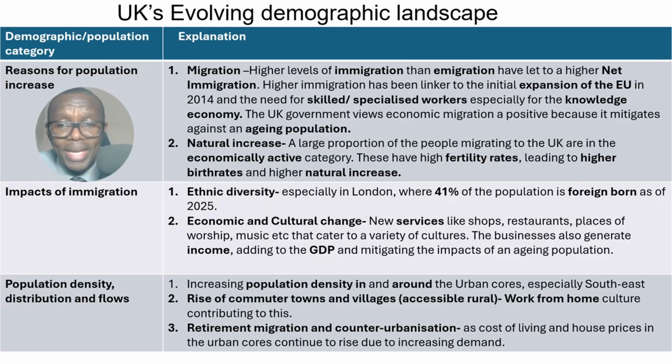And what we are saying here is that the net migration, which is the difference between the immigration and the emigration, is high here in the UK, and that's because the number of people coming in is higher than the people leaving the UK. Now, higher immigration has been linked to the initial expansion of the EU in 2014.